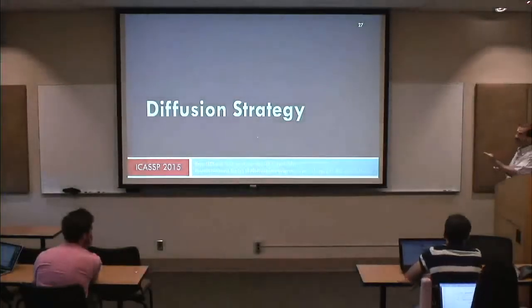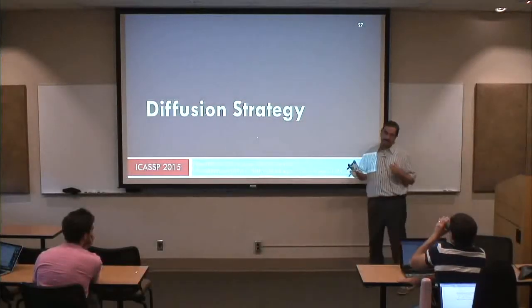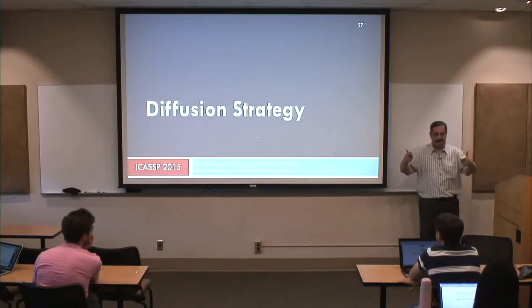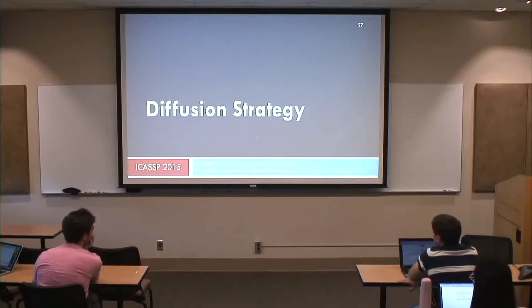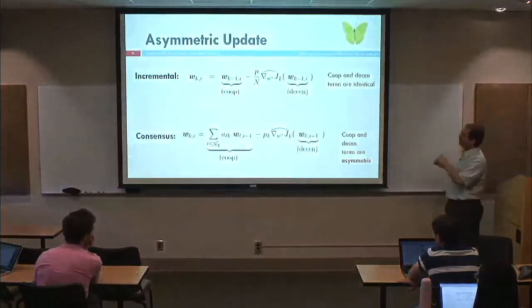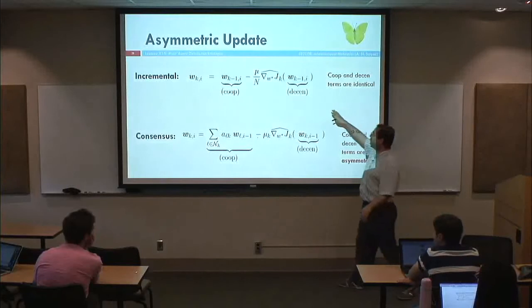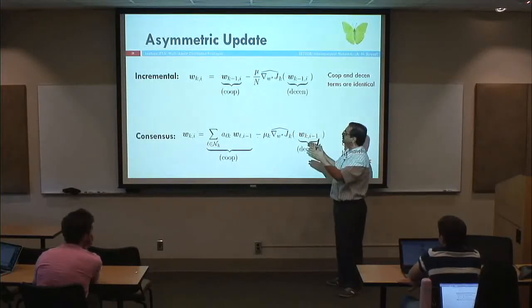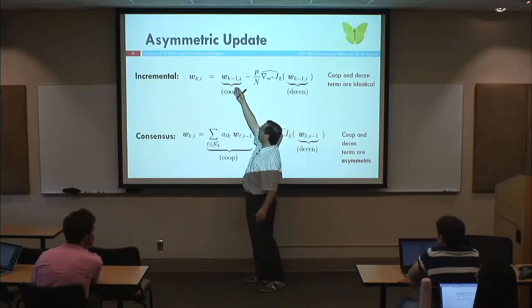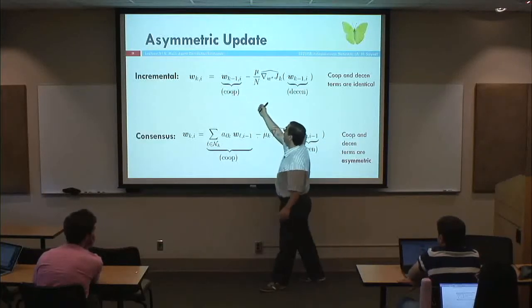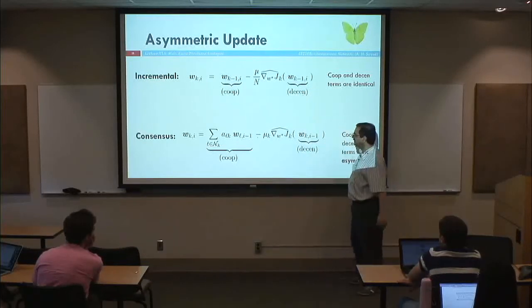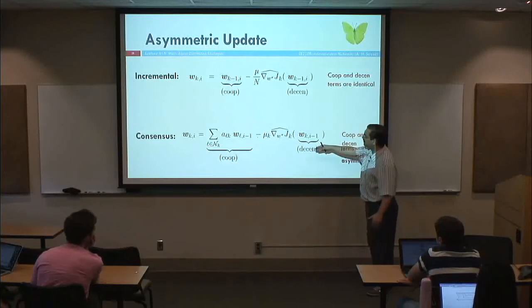Okay, so now let's move a step further: diffusion. This is not how we motivated diffusion when we first came up with this idea, but this is a simple way of motivating it, following the arguments I showed you. If you remember, incremental looked like that. You had a cycle, you have to perform n steps between every two time instances. One element was responsible for cooperation, the other element was responsible for decentralization. From that we motivated consensus.